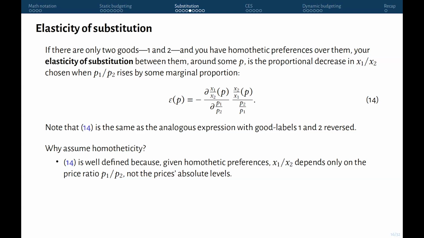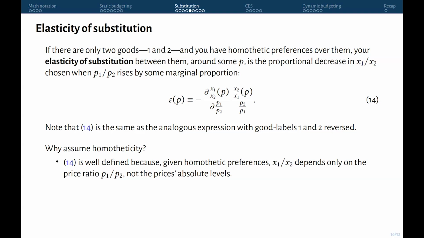So without homotheticity, someone comes up to you and says, okay, what's going to happen to the ratio between your consumption of good one and your consumption of good two, given that good one gets 1% more expensive in relative terms, relative to good two? What's going to happen to your demand ratio? And you say, well, I don't know, because there's lots of ways that P1 could go up by 1% relative to P2. P2 could stay fixed and P1 could go up 1%.